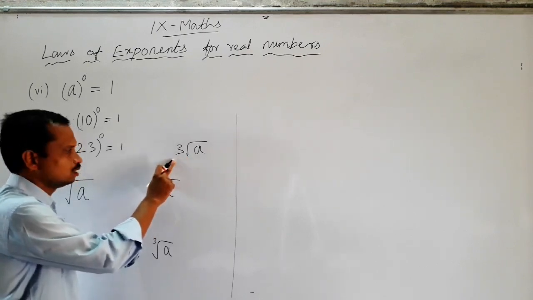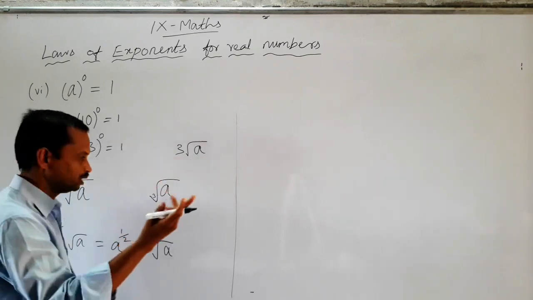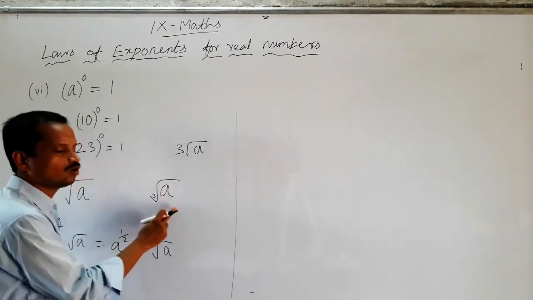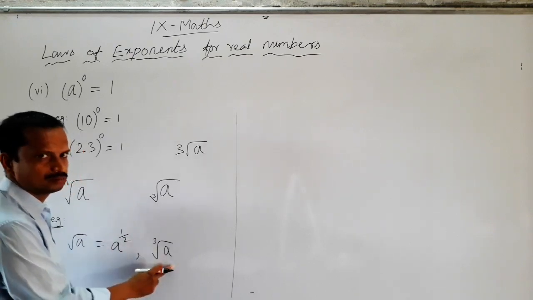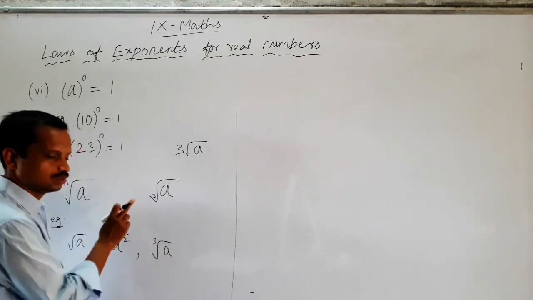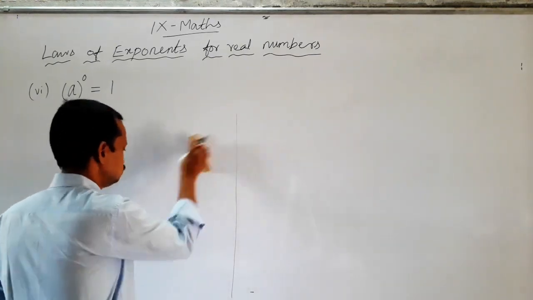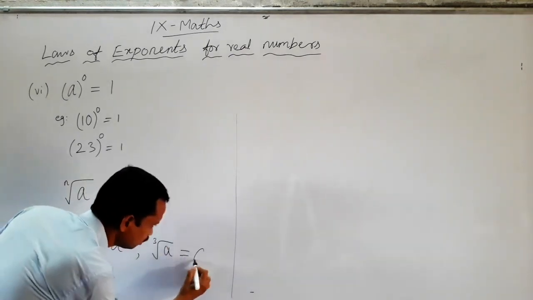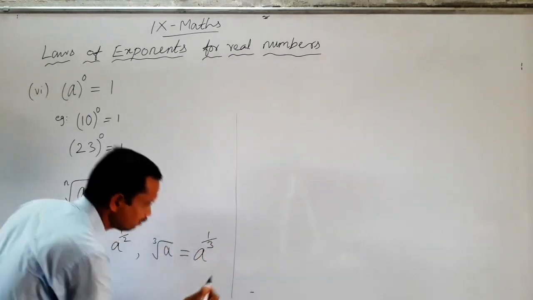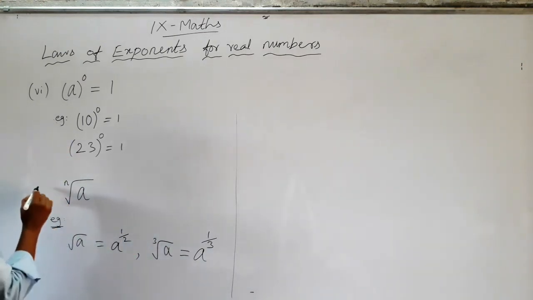You could read it as 3 into root a, but this is the cube root of a. This is also the cube root of a. To avoid confusion, you can write it here. So this cube root of a you can write as a to the power 1 by 3.